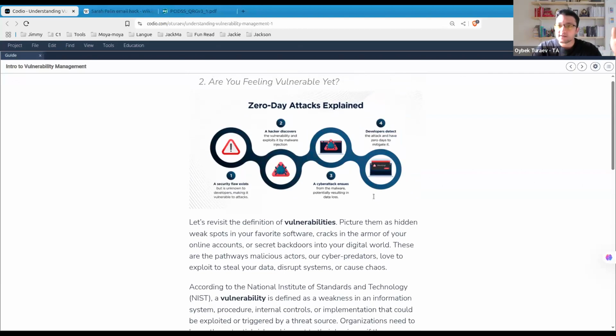Through proactive vulnerability management, through continuous testing of our environments, and getting an idea of what could happen. Later we're gonna talk about how to combine vulnerability management with threat intelligence as well.